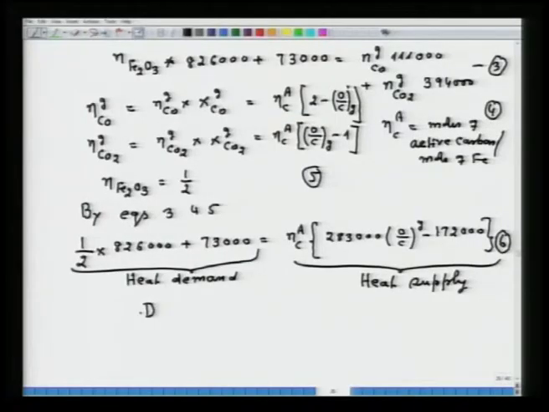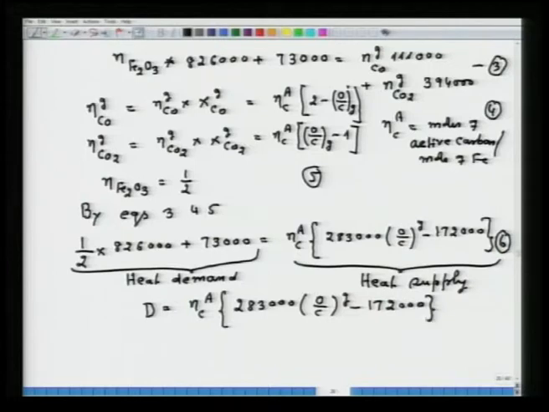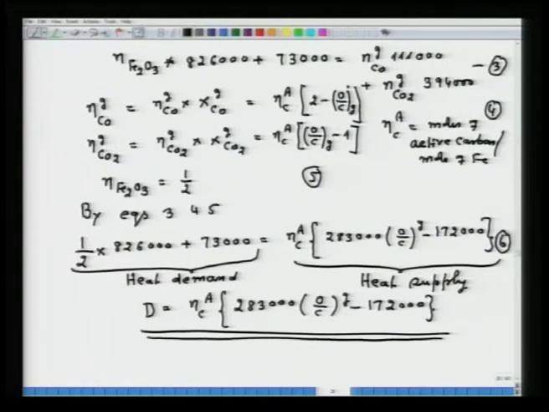So, we can put D, which is the heat demand, which is a variable, equal to NaC 283,000 O by Cg minus 172,000. So, that is our starting equation in order to now combine material and heat balance.